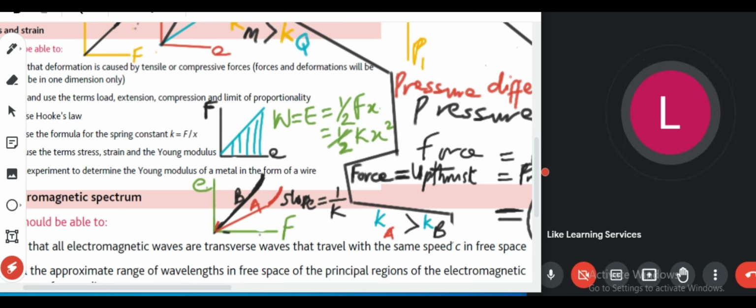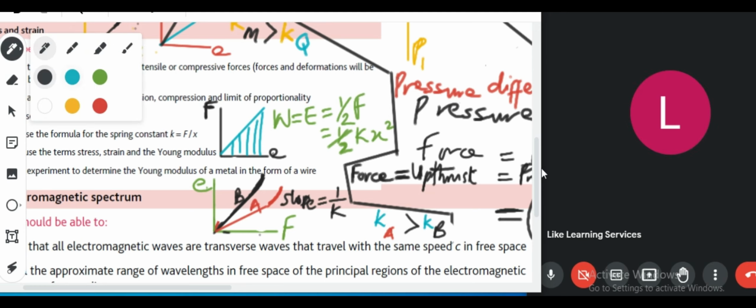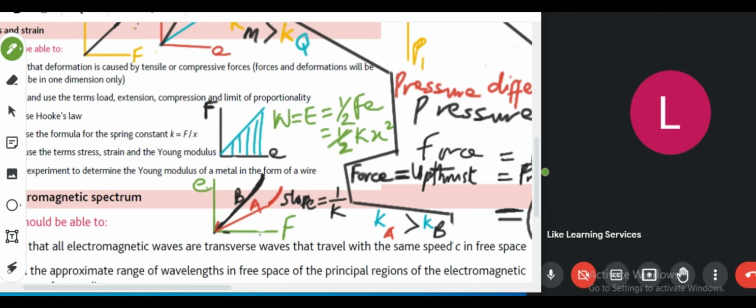And since we are going to use the average force, we have half F times that distance. Now this time around, the distance is going to be the extension. So that's going to give us average force times the extension.